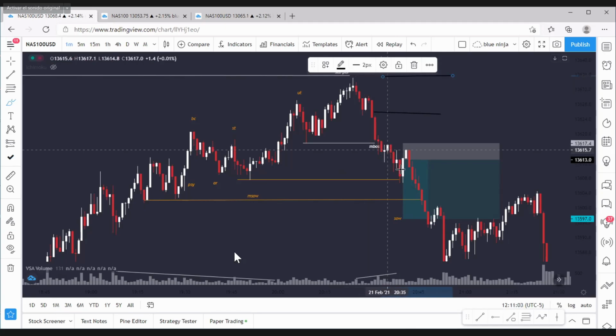But as soon as price broke down here, I started looking at this block, and as soon as the price broke the minor sign of weakness, I decided I'm going to enter on this block as well with a really short stop loss, and if I'm wrong, I'm wrong. Yes. It ended up working very well, and it just hit that block and started selling off from there.